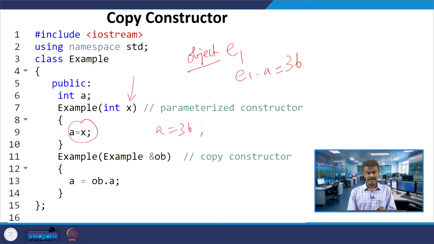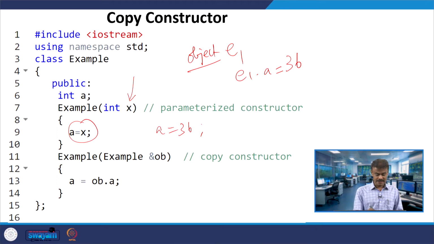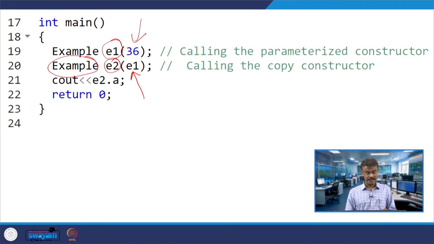So, the next line is slightly different, the first time we are seeing this. You have the class Example and then you have object E2, and you are passing another object, E1. What is the meaning of this? E2, you are passing another object. That means Example is the name of the class, &OB which is equal to what you are passing, E1.